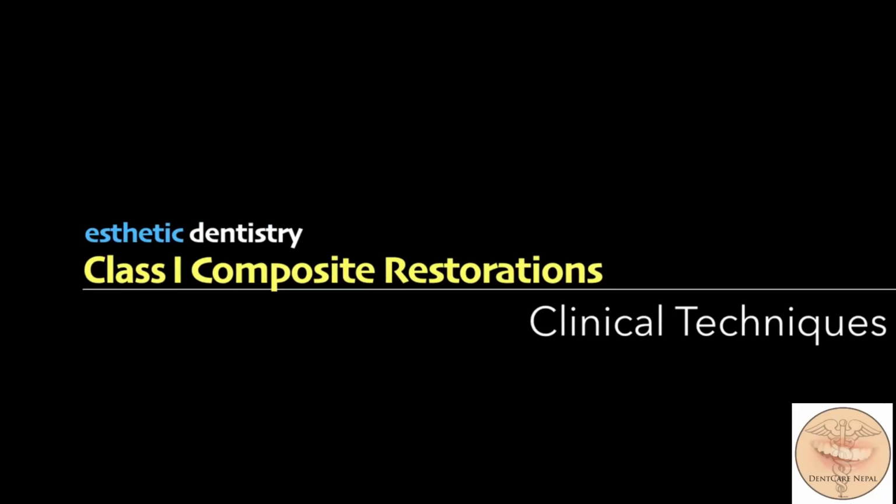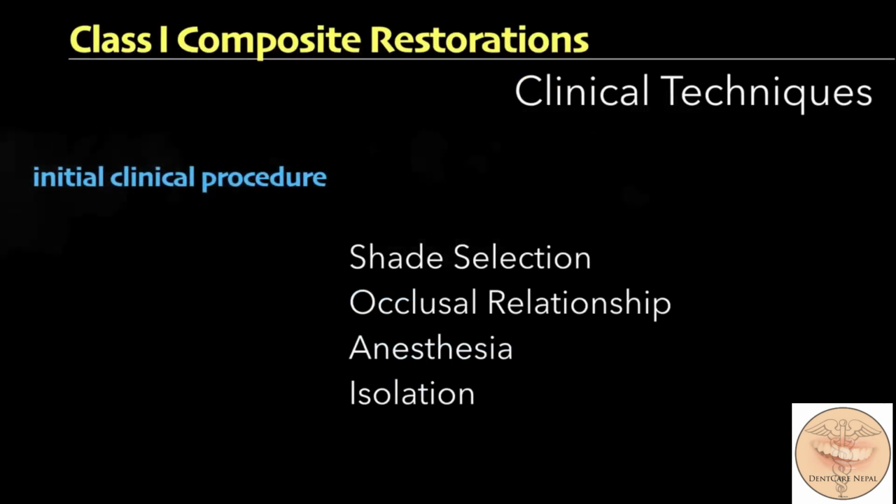Okay, let's discuss the clinical techniques of class 1 composite restoration. The initial clinical procedure, the first and most important step, is the shade selection. The shade of the tooth should be determined before the teeth are subjected to any prolonged drying, because dehydrated teeth become lighter, brighter in shade, and decrease in translucency.